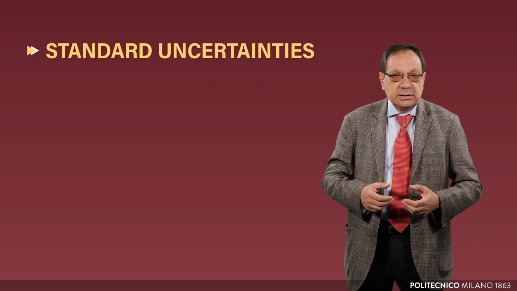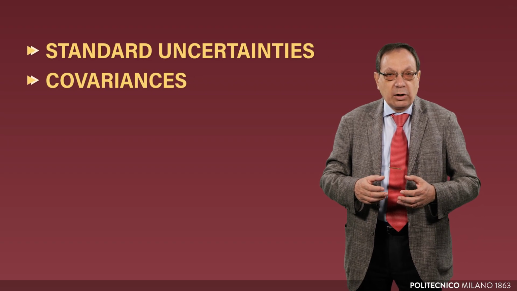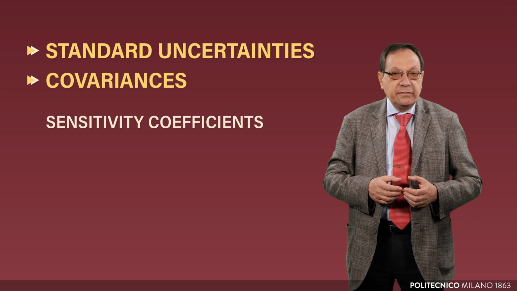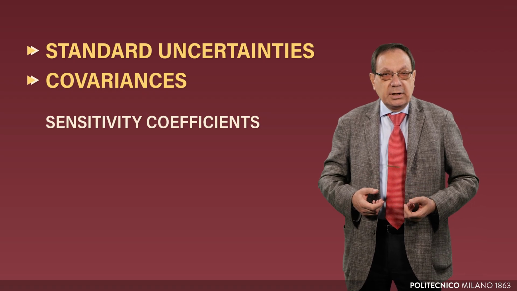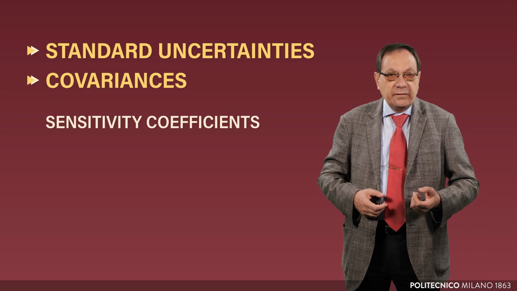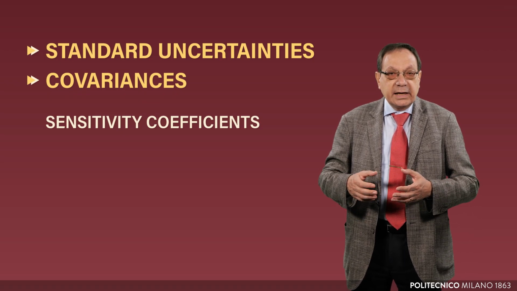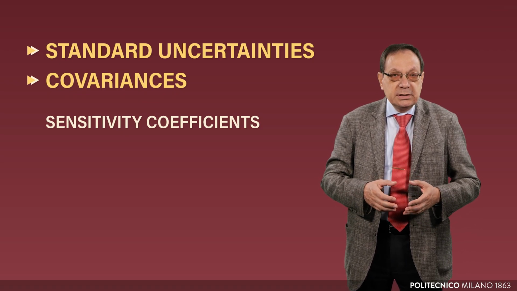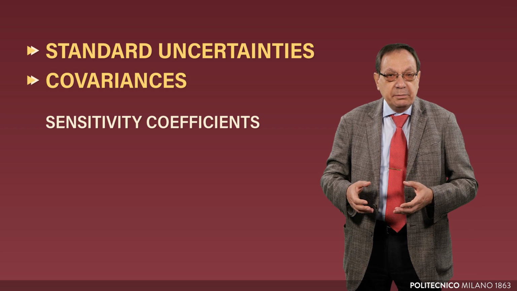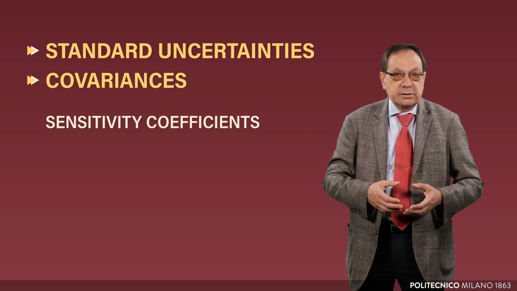Finally, we have seen that the standard uncertainties and the covariances are weighted by sensitivity coefficients, which take into account the sensitivity of function f and therefore of the measurand to variations in the input quantities and thus to the variability of the directly measured values.